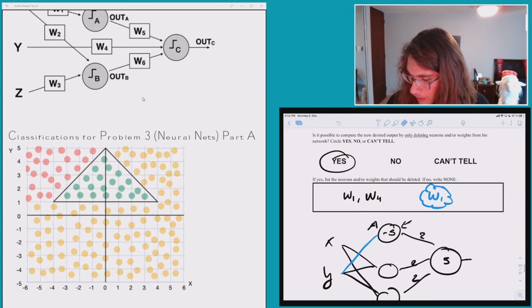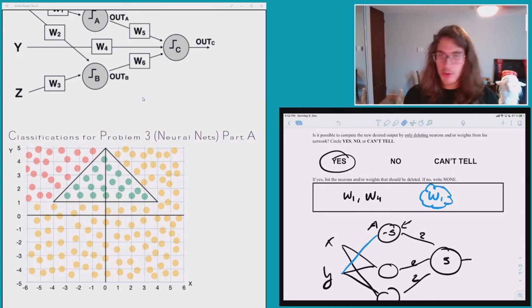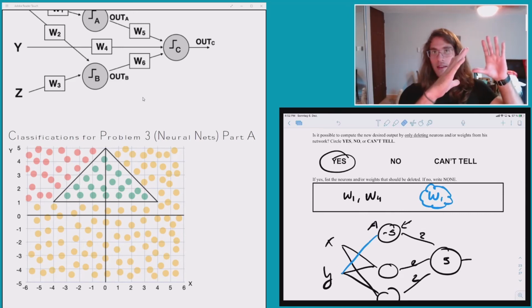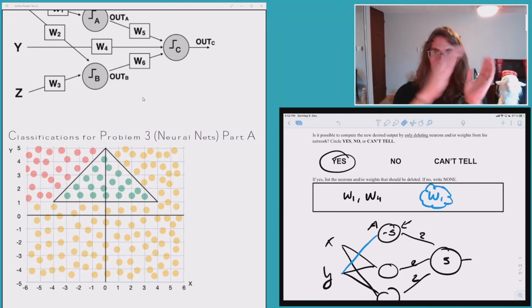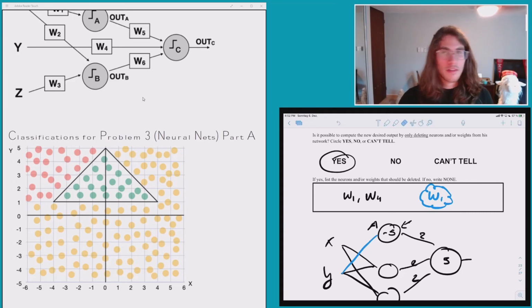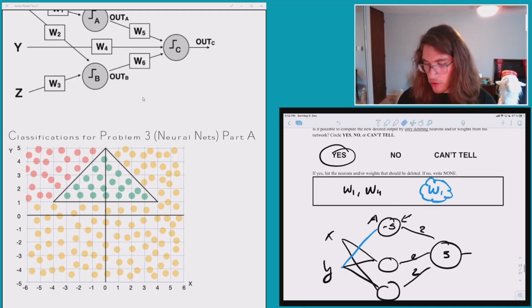So delete weight 1, and that should cover exactly the area that is red points on the graph. So the way I was thinking about it was everything that's even off the graph. Depending on how you looked at that question, it would have been this approach, just W1 or W1 and W4.